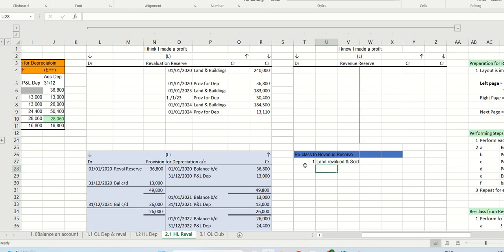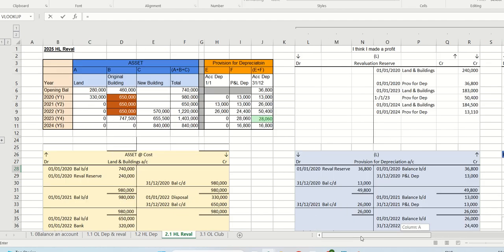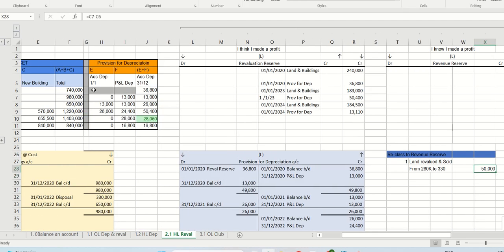It went from 280 to 330. So if you go to your table, you see it went from 280 to 330. So we had an increase of 50,000. So all we're doing is we're taking that 50,000 out of here.